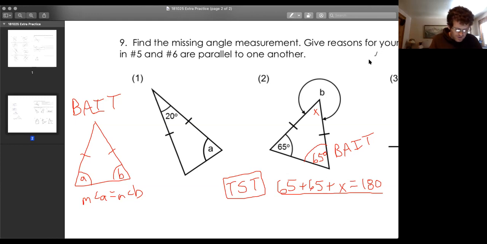All right, I'm going to quickly solve this one, and this is going to be 50 degrees. If you need to go through the algebra, you can do that, but I just wanted to show you, we can solve with triangle sum theorem to get that's 50. So what does that mean that B has to be?